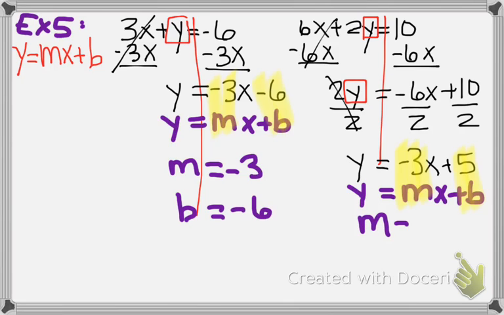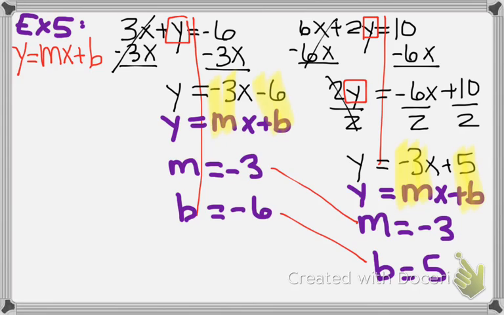For our second equation, m equals -3 and our y-intercept is 5. Compare the slope of the two equations. They are the same. Look at the y-intercepts. They are different. These lines are parallel and do not intersect.